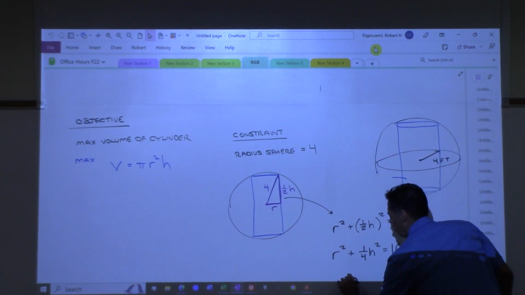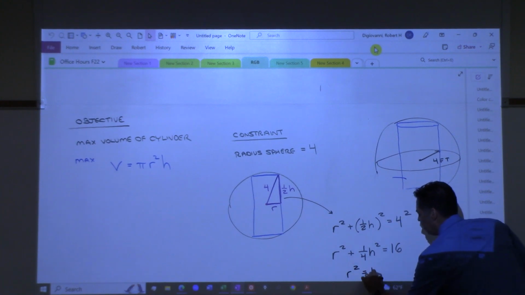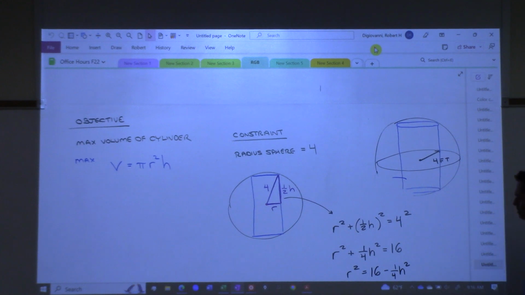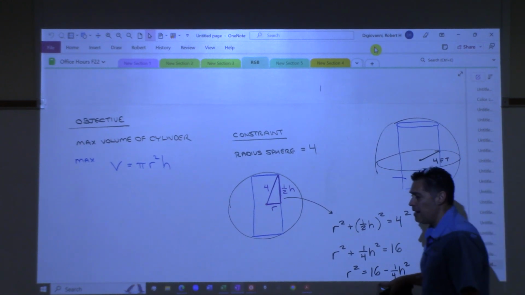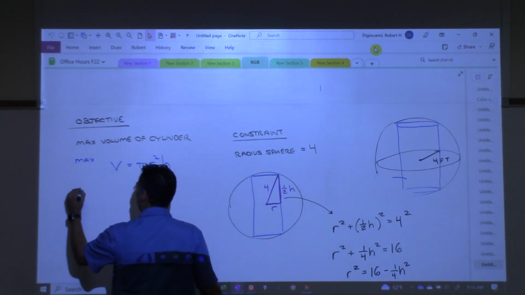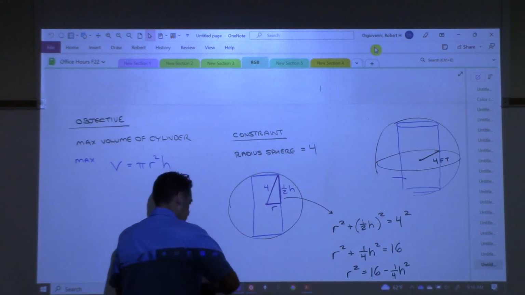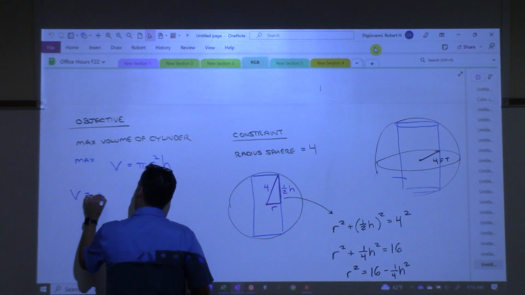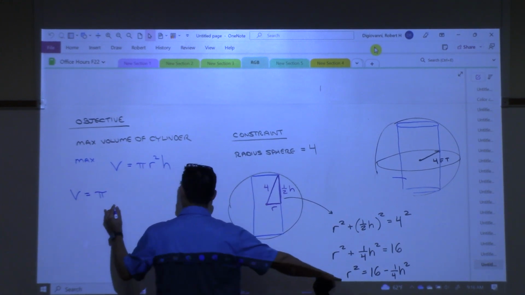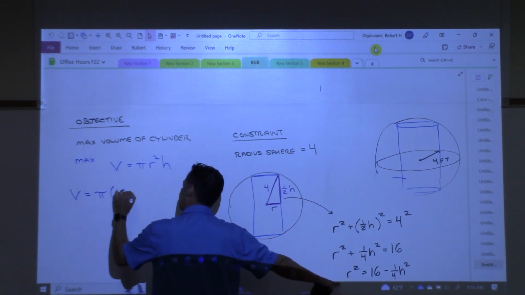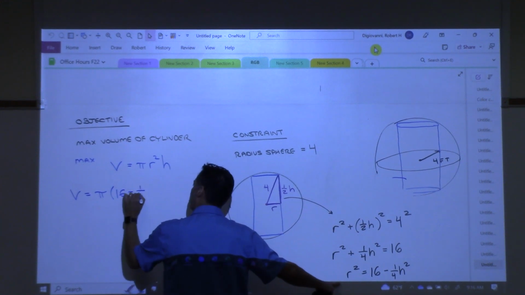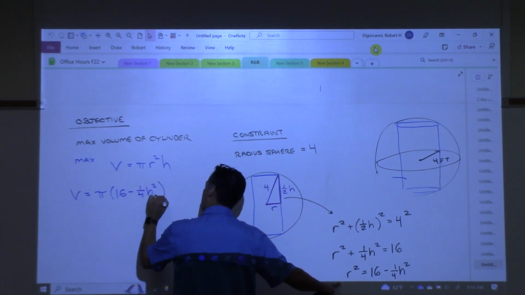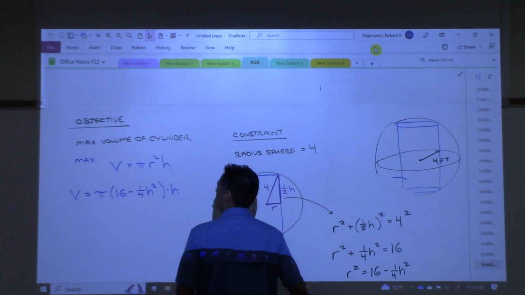So I'm going to solve for r squared by subtracting 1/4 h squared on both sides. And then I'm going to take that answer and plug it in over here, and then my volume now becomes pi, r squared, which is this, 16 minus 1/4 h squared, times h.